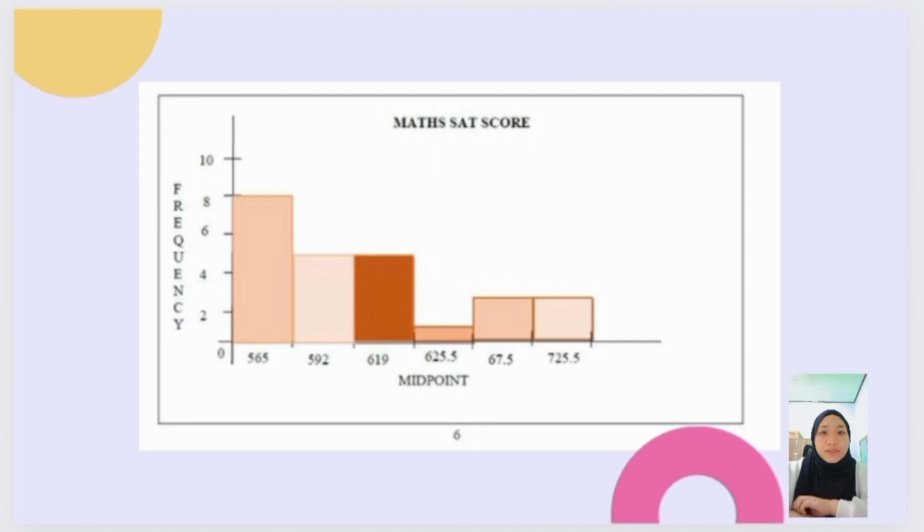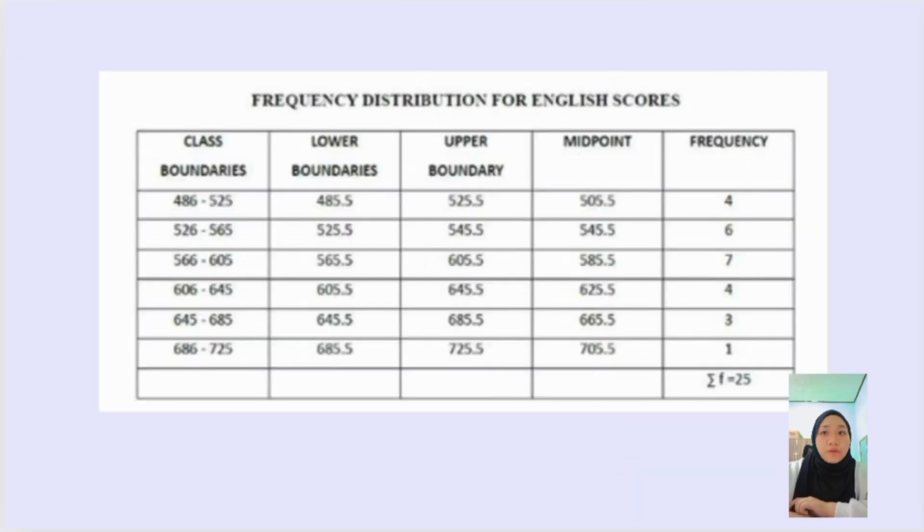Then to get the midpoint, the lower class limit 552 plus the upper class limit 578 should be divided by 2. So the midpoint is 565.